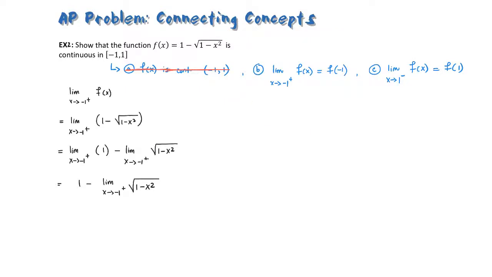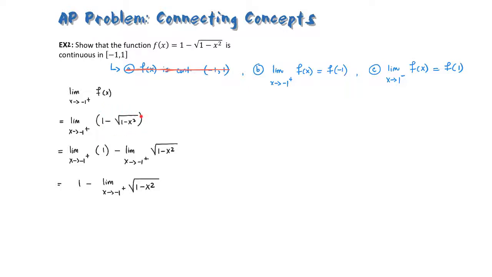Now we're going to tackle the last two parts. Let's do b first. Here we have to show that f of x is right continuous at -1. Now I already got started with some of the calculations that are identical to part A. I have to show that the limit as x approaches -1 from the right is equal to f of -1.